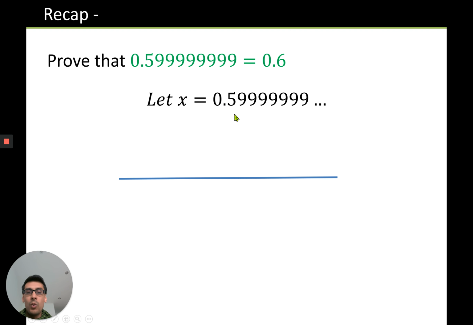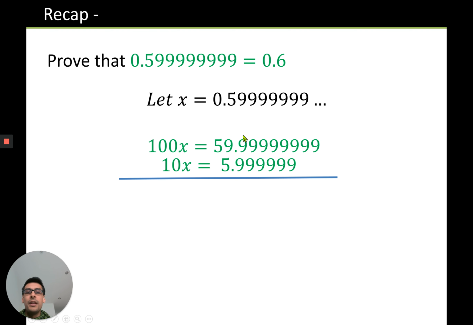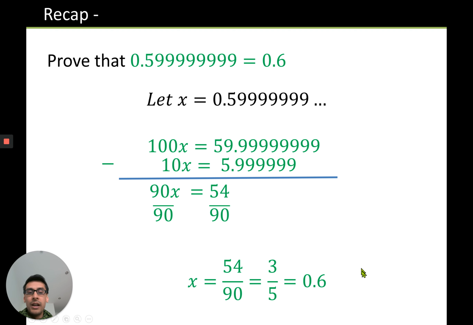So you're going to move it once, or in other words, multiply it by 10, and then also multiply it by 100 so that you have the nines after the decimal. When you subtract it, you get 90x is 54, and then you can divide both sides by 90 and you get 0.6. So there's your proof.